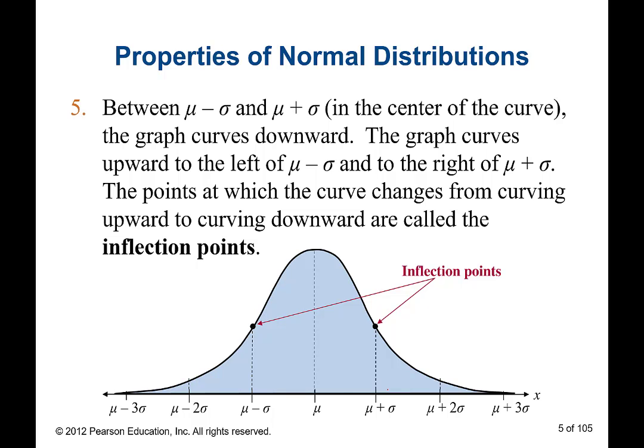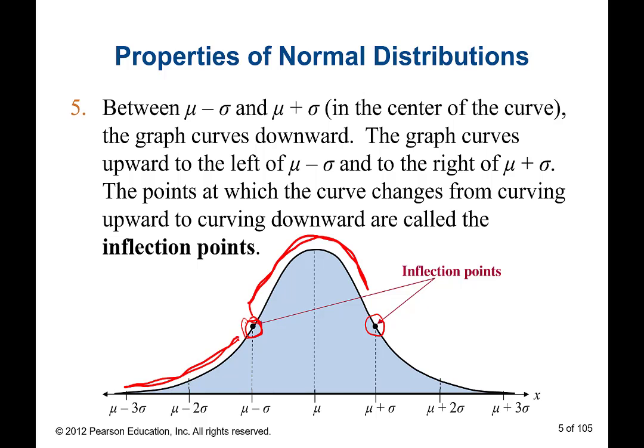Now, there is a special relationship between the mean and the standard deviation for the normal distribution. In the plot on this slide, you'll see that there are these 2 points called inflection points. That is where the curve goes from concave, meaning it's facing up like a bowl, to convex, meaning it's facing down like an umbrella.